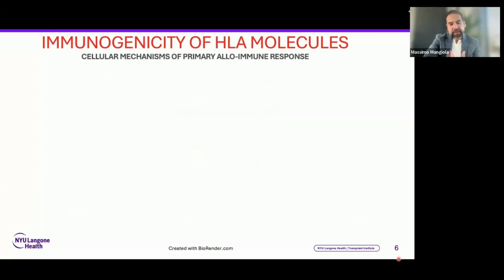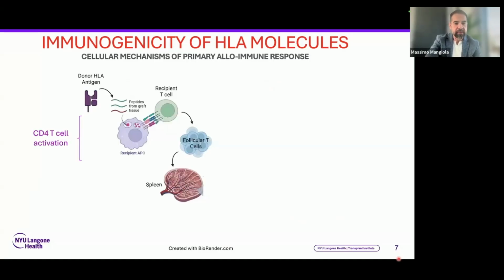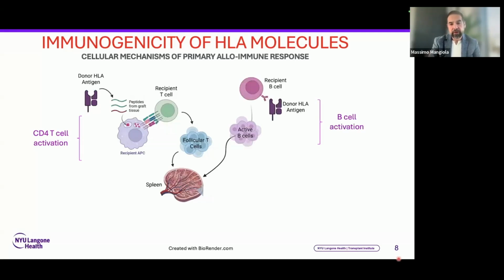And the mechanism, the cellular players and those cells that detect those differences and do something about it, are T and B cells. T cells will recognize mismatched peptides presented by the recipient APCs. Some of them will turn into follicular cells and move to the spleen. B cells recognize the intact HLA antigen through the epitope, and the B cells will become activated and move to the spleen as well.